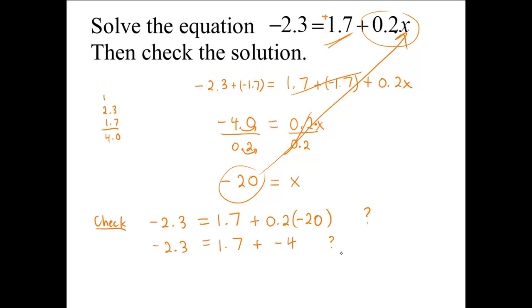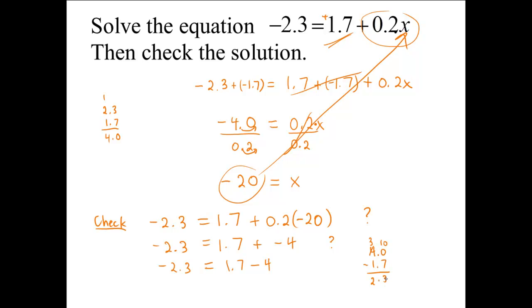We have to decide whether or not that's true. And plus a negative is the same thing as writing minus. So we have 1.7 minus 4. Now, to do positive minus a bigger number like this, like 4, we can reverse it and do 4 minus 1.7, writing 4.0. 10 minus 7 is 3.